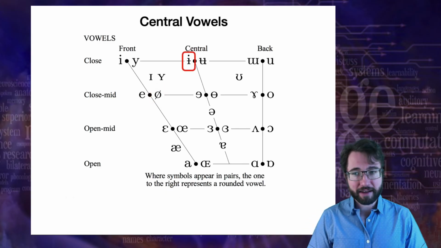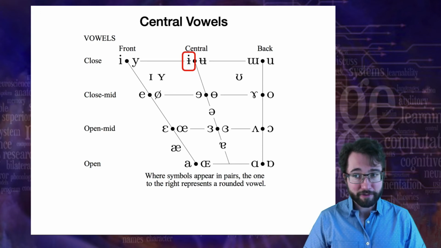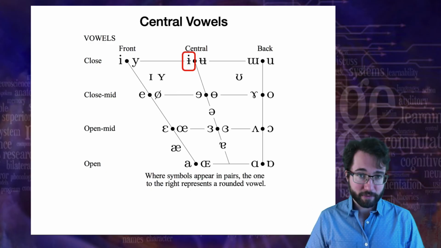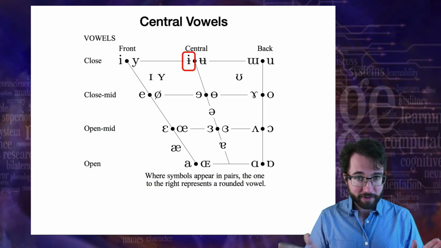You also can have vowels whose tongue position is central, so it's halfway between front and back. In this case, this would be a high central unrounded vowel, I with a line through it.